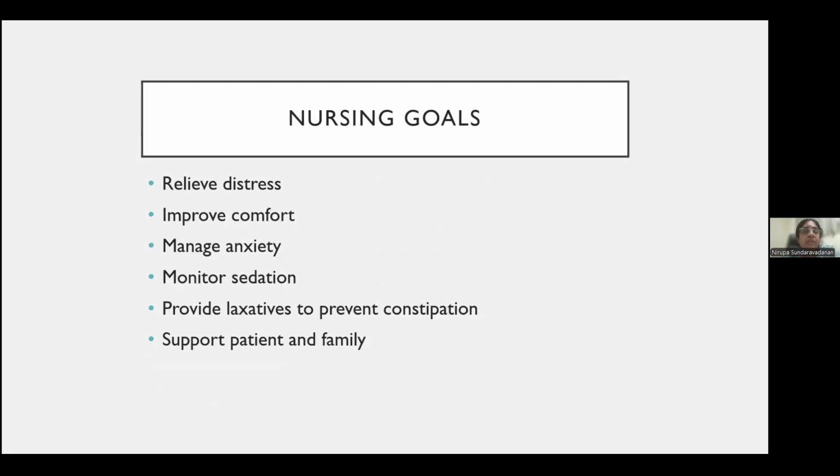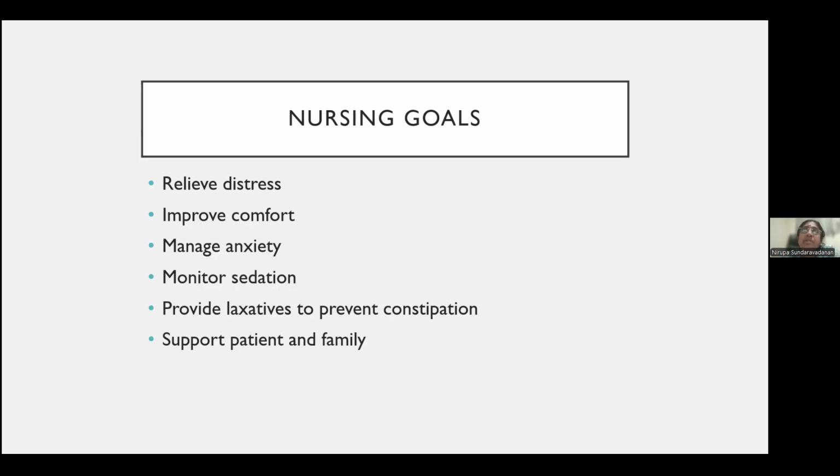So, what are the goals? First is relieve the distress, make him feel better. As I said, there's often accompanying anxiety. Monitor sedation. Now, it's important to achieve a balance here. We can't withhold sedation because they need to be less agitated and we need to bring down the anxiety.